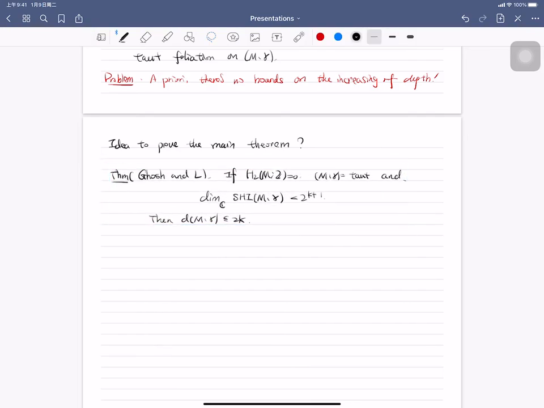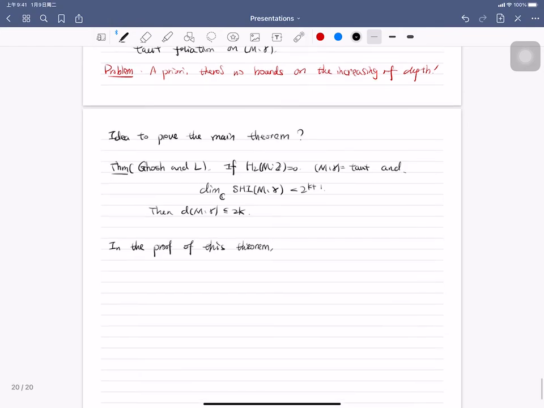In the proof of that theorem, we have a bound on the depth of the suture manifold being 2k, and this 2k means we decompose in 2k steps to make M and gamma into a product suture manifold.